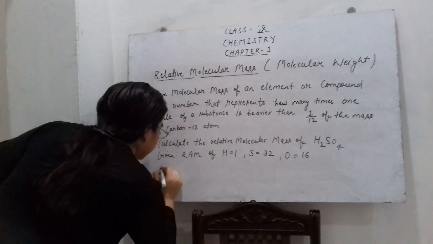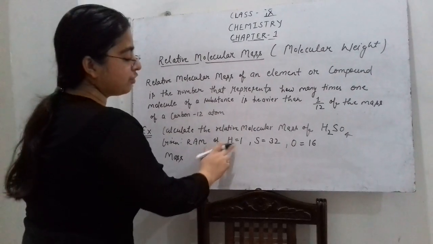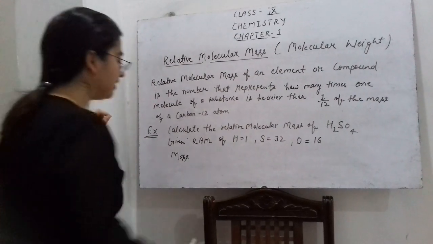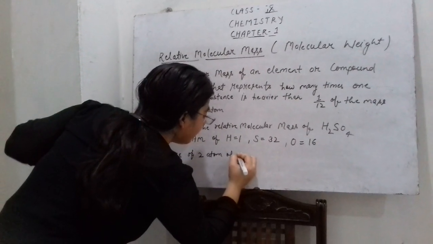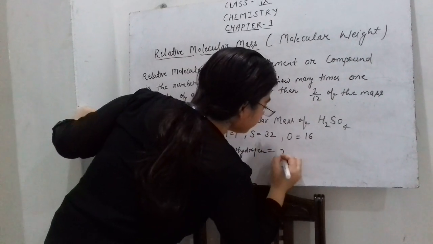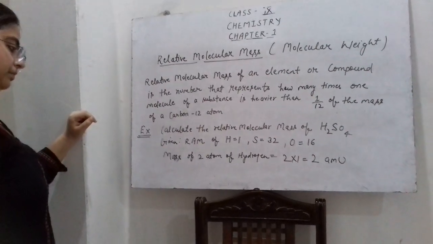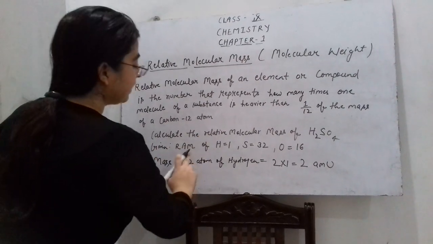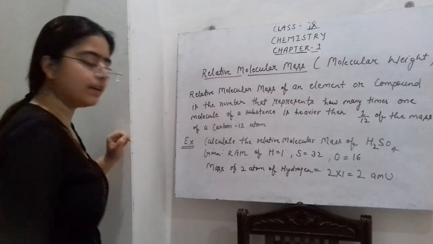So what we will do, since we know that the relative atomic mass of hydrogen is 1, but in this molecule 2 atoms of hydrogen are present, therefore the mass of 2 atoms of hydrogen will be equal to 2 into 1, that is 2 AMU. In the same way, 1 atom of sulfur has the relative atomic mass 32, and also in the molecule only 1 atom of sulfur is given.